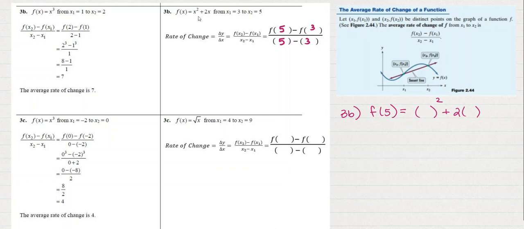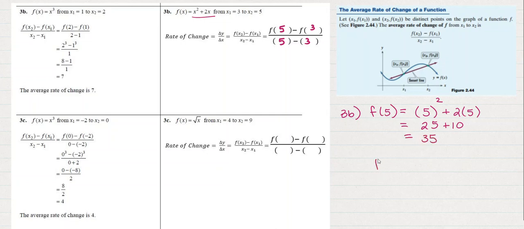So f of x is x squared plus 2x. So we're going to take this 5 and replace the x with 5. So 5 squared plus 2 times 5, 25 plus 10, which is 35.